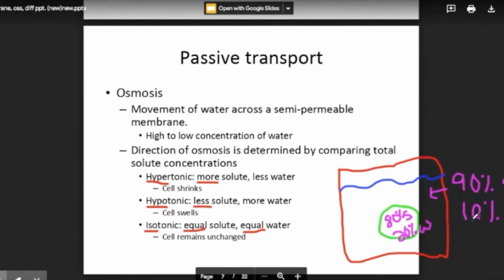Okay, so this is considered a hypertonic solution. So solution, I'm talking about the mixture outside the cell. And it's hypertonic because I have more solutes outside the cell than what I do inside the cell.